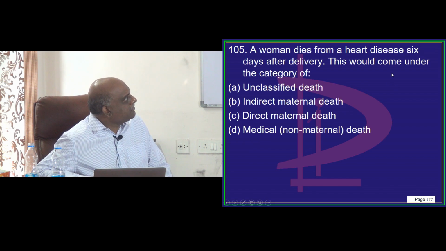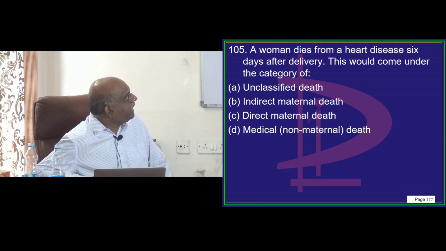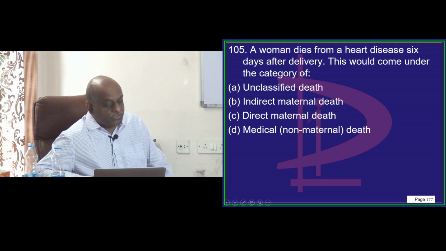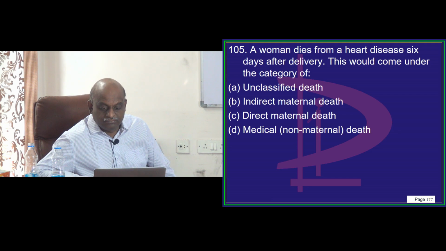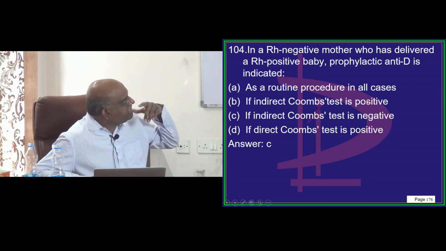Now, a woman dies from heart disease 6 days after delivery. What do you like to call this? Under which category? Question number 105. Yeah, I think Sumaya Shad also has the right point. Why not routine procedure in all cases?